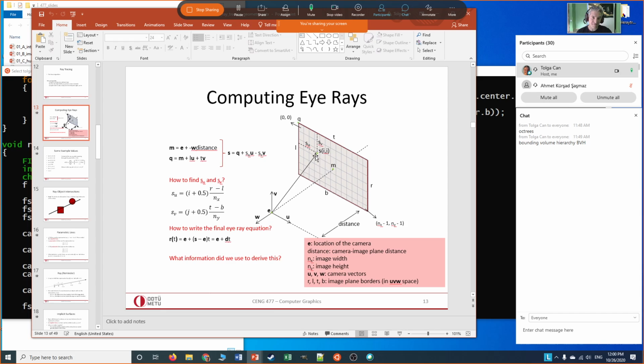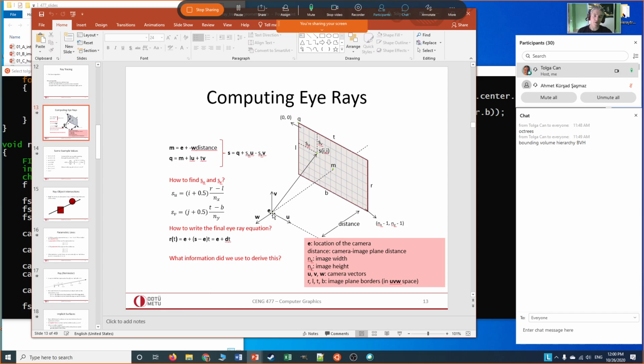If you leave it unnormalized with s minus e, it means that the whole initial ray, which starts at e, and passes through the center of the pixel, at that point t is equal to 1.